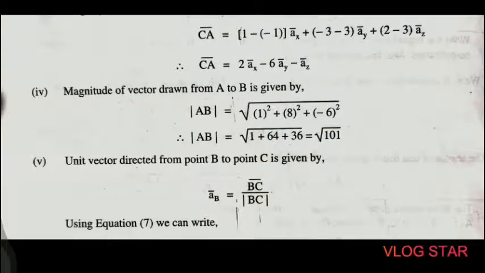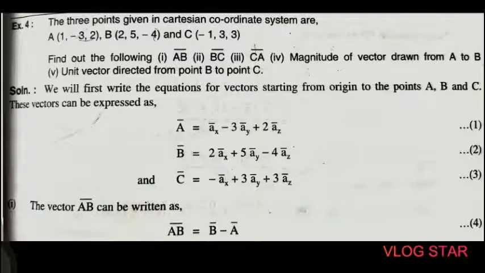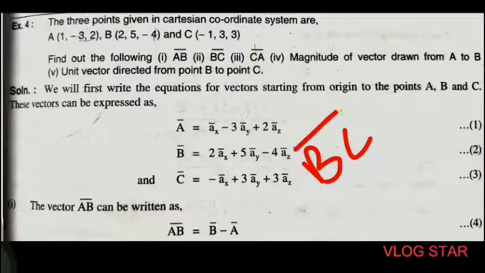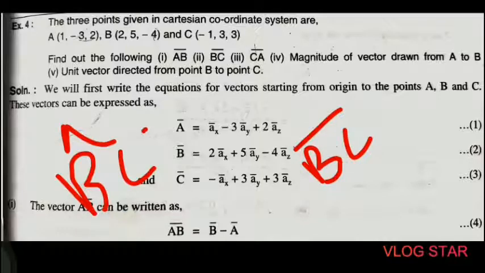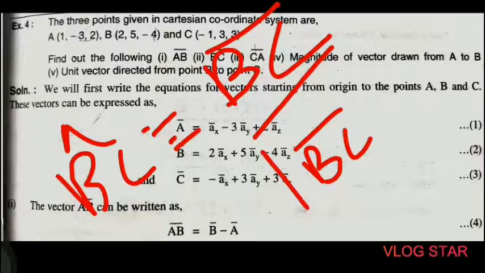Okay, then the last parameter is to calculate the unit vector which is directed from point B to point C. For calculating the unit vector, first of all we have to calculate BC bar, then we apply the formula BC bar upon mod of BC.